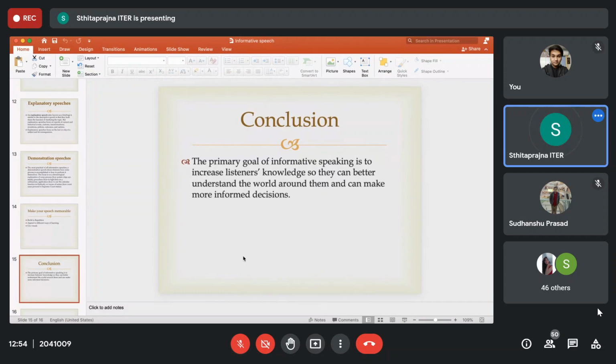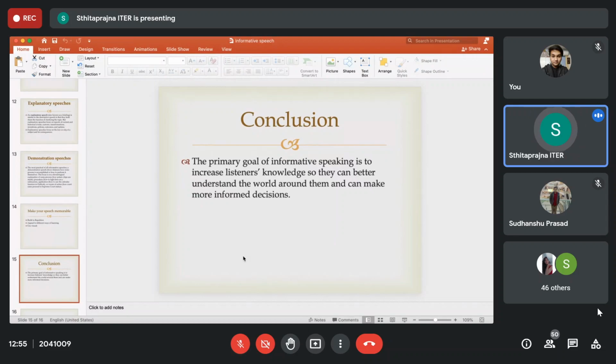So, the primary goal of informative speaking is to increase listeners' knowledge. This is the one thing that you have to remember all the time when you are deciding on a speech topic. Why are you speaking? Not just as a part of your lab modality, but because you want to increase the listeners' knowledge.